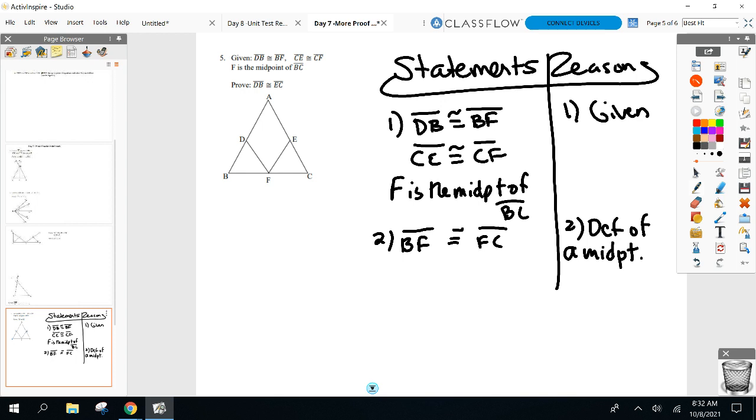We already determined at the beginning I could not do anything with the 2 givens. How about these 2 right here? DB equals BF and BF equals FC. Can you come up with a conclusion for me based on those 2? DB congruent to FC. What'd you do to figure out that conclusion? I did substitution, 1.